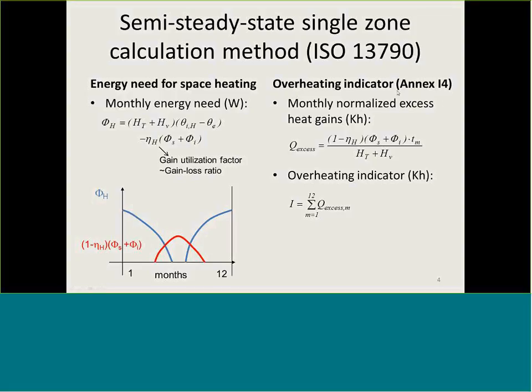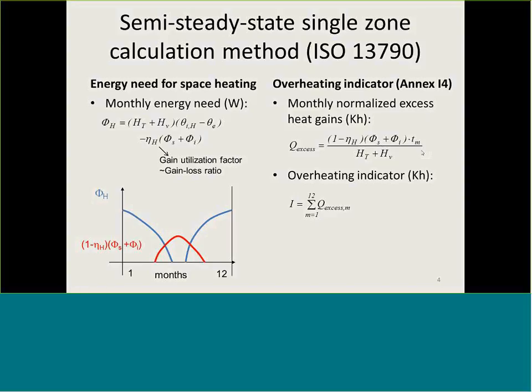This background is also briefly described in Annex I-4 of the ISO standard, but it relates overheating to the non-utilized heat gains, as the equation shows. These non-utilized heat gains are also defined on a monthly basis and are normalized by dividing the non-utilized heat gains by the loss coefficient and multiplying this ratio by the total time of the month.